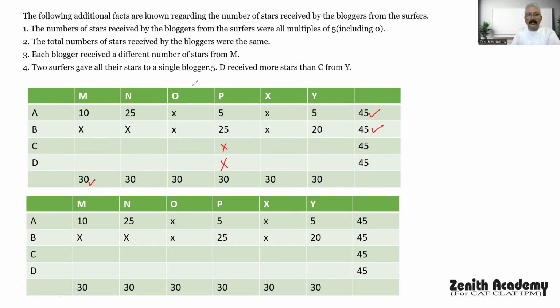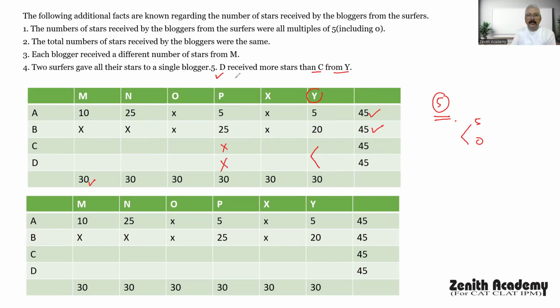Okay, let's see this line, number 5: D receives more stars than C from Y. So Y distributed 25 stars, and Y now has only 5 stars. Y can give these 5 stars to only C or D, in the form of 0 and 5.